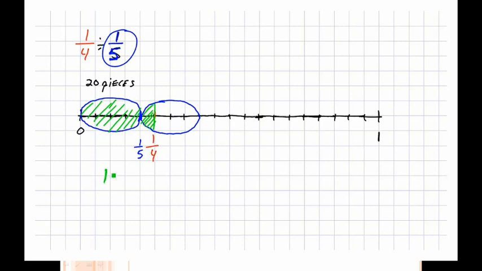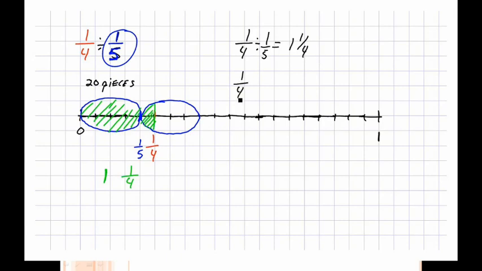And notice the second oval is broken up into 4 pieces. And 1 of those 4 pieces is shaded. So if that's the case, that must mean that 1/4 divided by 1/5 is equal to 1 and 1/4. Well, let's show that mathematically to verify it.